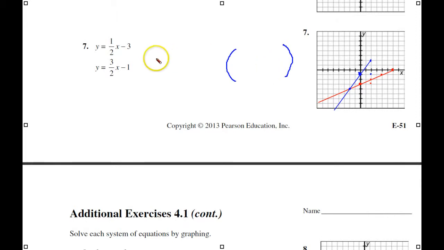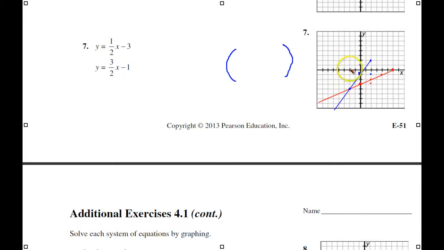Again, going over the graphs with you, a negative 3 is in red. I'm going to go over 2, up 1, over 2, up 1, and there's my line in red. And then now in blue, negative 1 right there. I'm going to go over 2, up 3, over 2, up 3, and I also went over 2, down 3 to get another point, and there it is right there, our point of intersection.